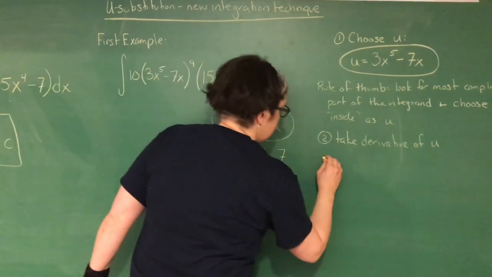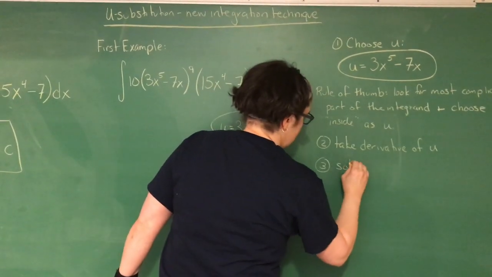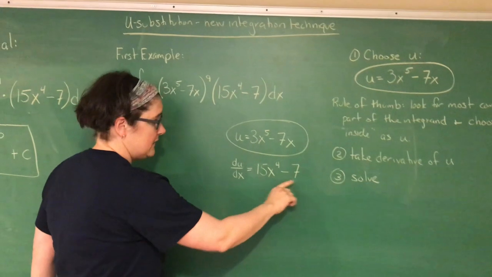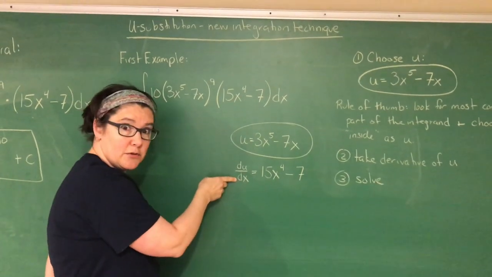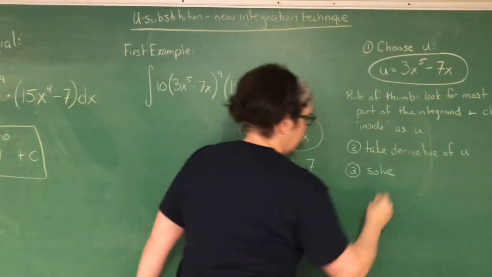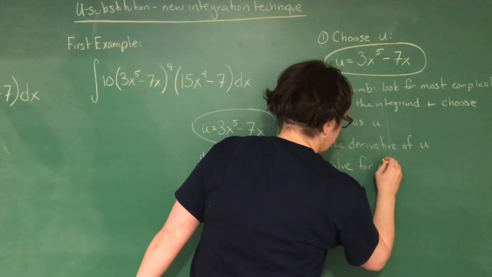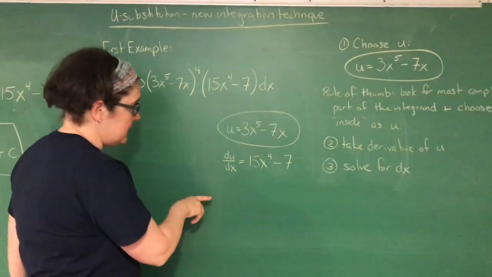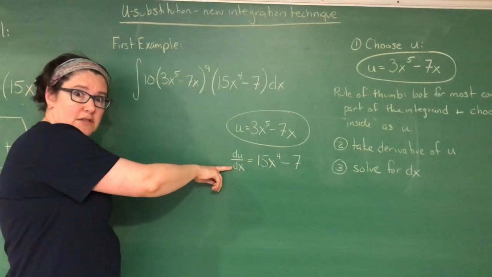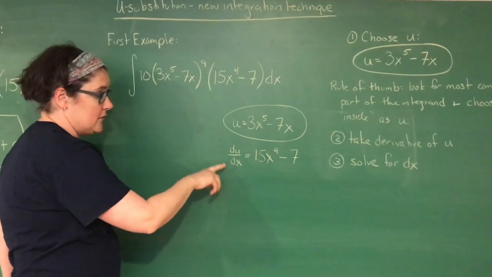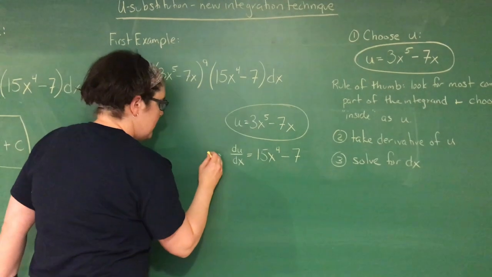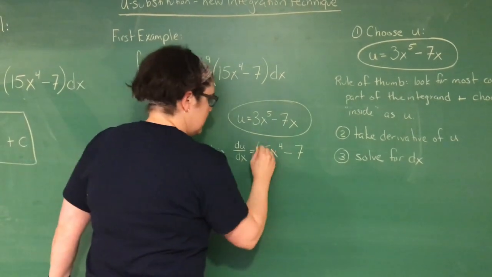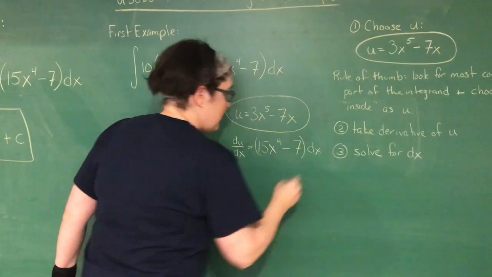Step 3 is to solve this equation for dx, which is in the denominator of this fraction. To solve this equation for dx, the first thing I need to do is get that dx out of the denominator. So I'm going to multiply both sides of the equation by dx.